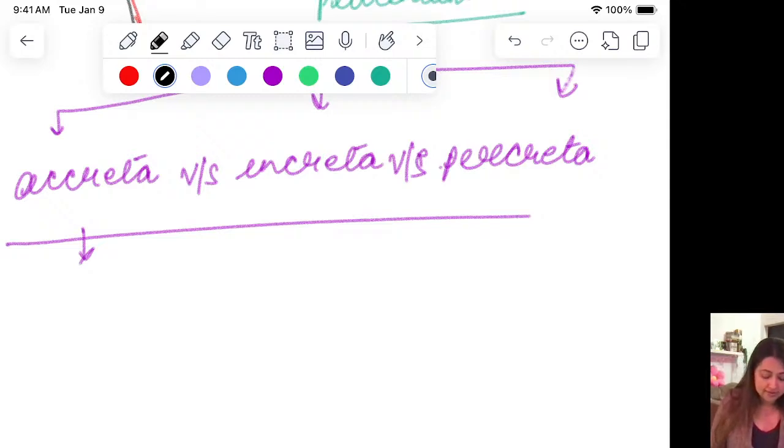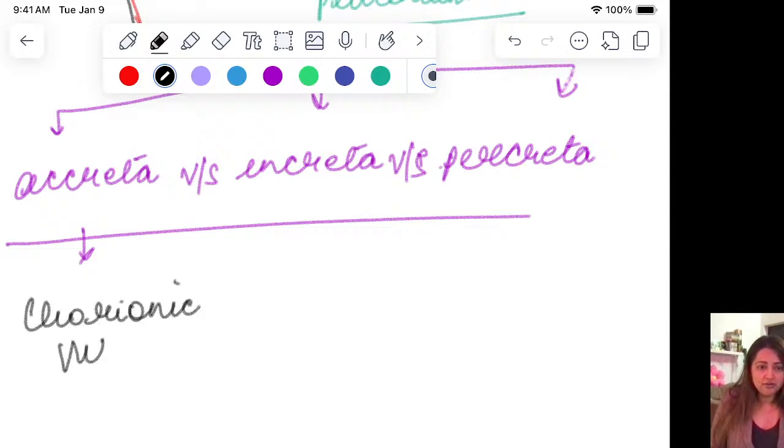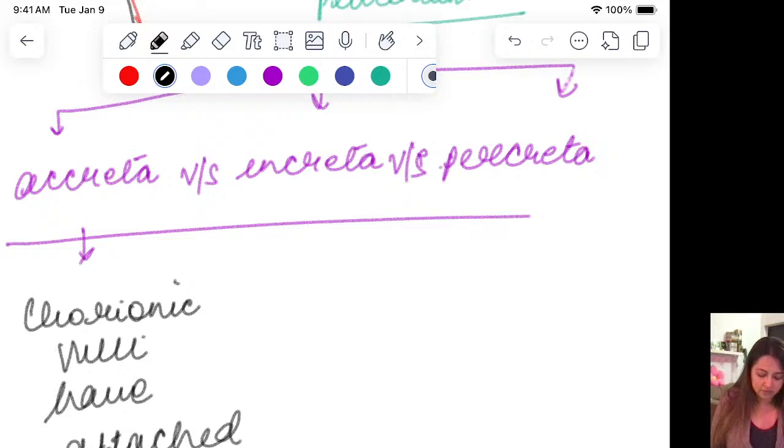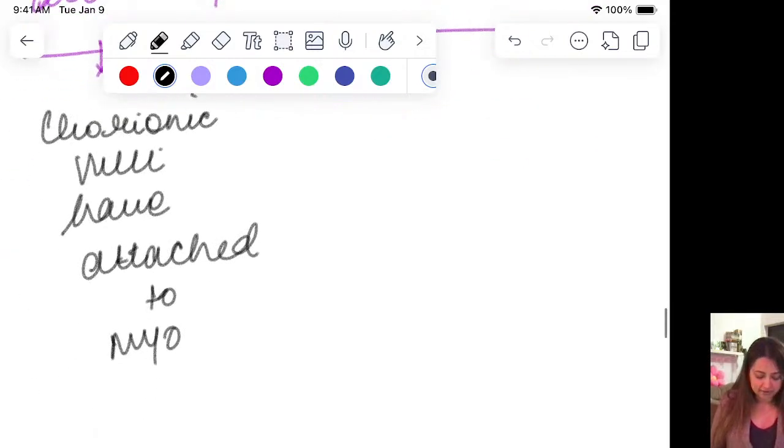Okay, so accreta is whenever the chorionic villi are attached to the myometrium. अभी अंदर नहीं घुसे हैं, they have not invaded, they have not penetrated into the myometrium. So the chorionic villi have attached to the myometrium. तो myometrium के साथ जुड़ गए हैं.